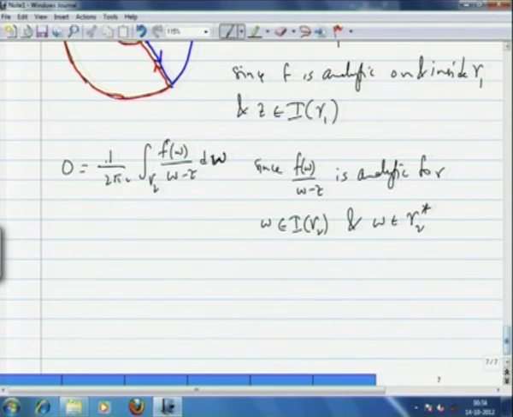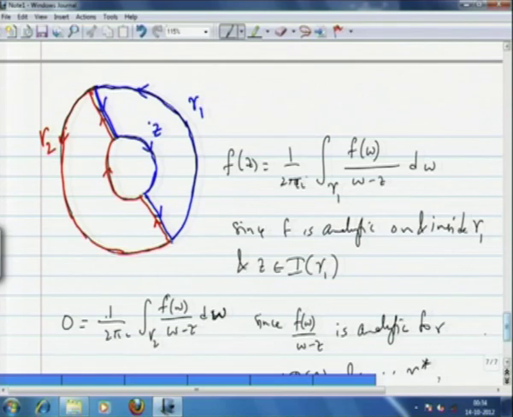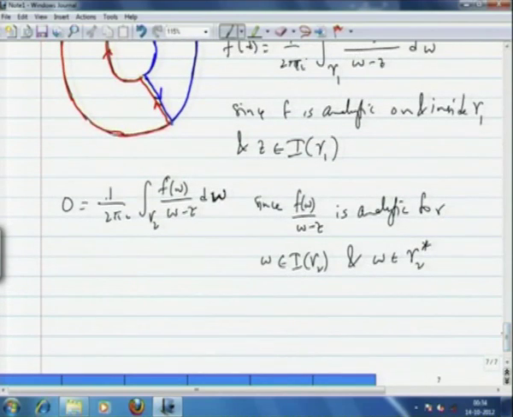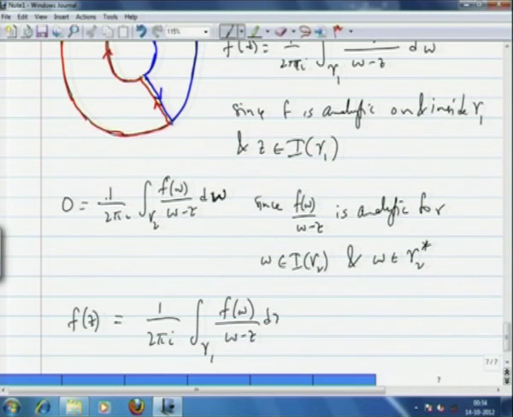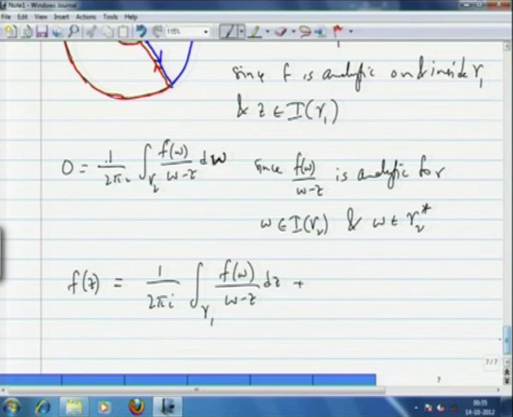By combining these two things, what we can say is that f of z plus 0, which is f of z, is equal to 1 by 2 pi i times integration over gamma 1 of f of w by w minus z dw, plus, I will rather take the minus of this.